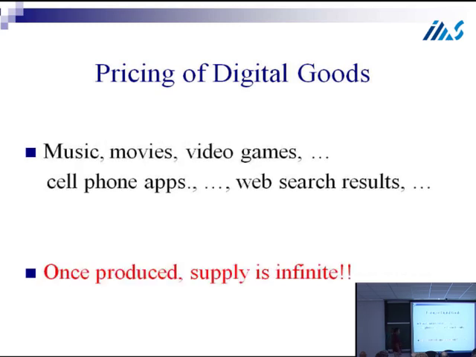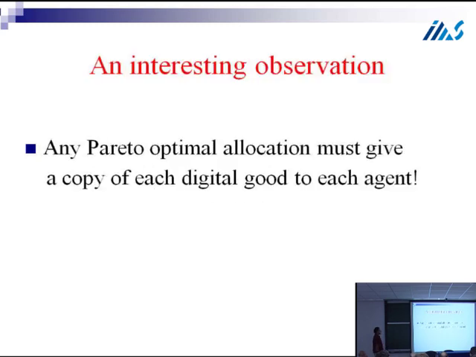And the point is that once a song is written, you can make any number of copies of this song. So supply is infinite. If supply is infinite, price should be 0. If price is 0, nobody will write the song, and you won't have a digital economy, and we'll go back into a huge, deep recession. So we don't want that to happen. Okay, so how should we price these? From first principles.